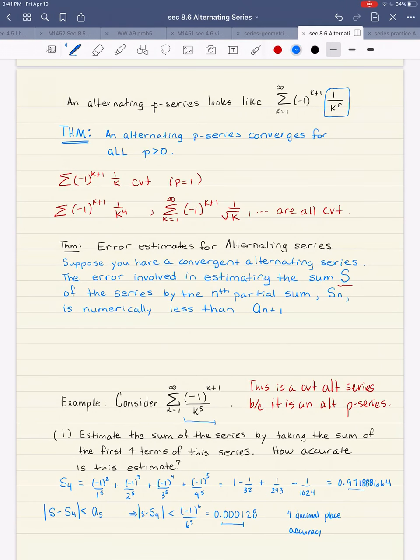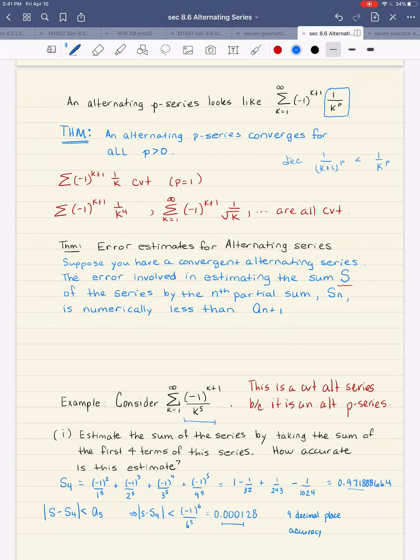The first one we did had p as 1, the alternating harmonic series. 1 over k to the 4th, 1 over the square root of k with the alternating part, those are all going to be convergent because every one of those, 1 over k to a power, is going to go to 0, and they're all going to be decreasing terms. 1 over k plus 1 to a power is smaller than 1 over k to a power.